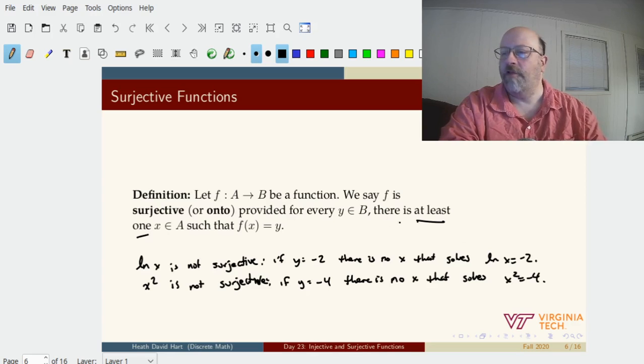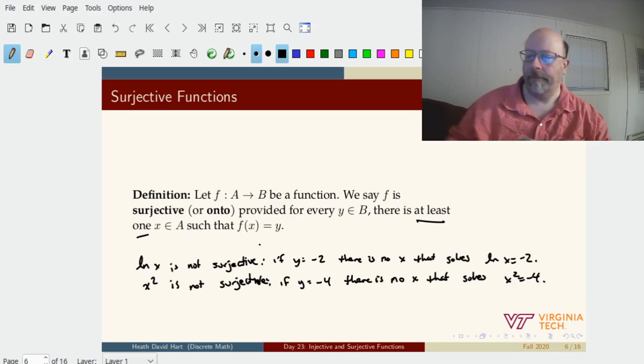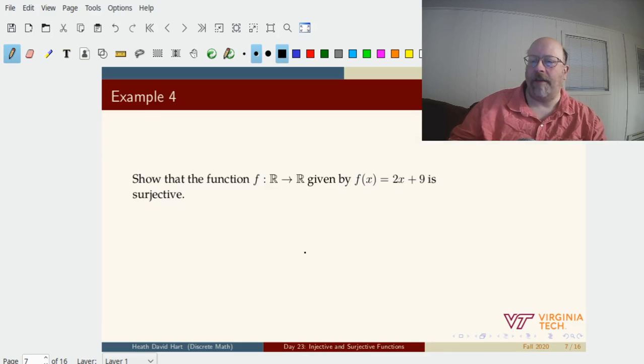So to be surjective, no matter what y I pick, there's at least one x that solves the equation f of x equals y. Okay, that's what it means. So we always have to find at least one x for this. So 2x plus 9 is surjective.